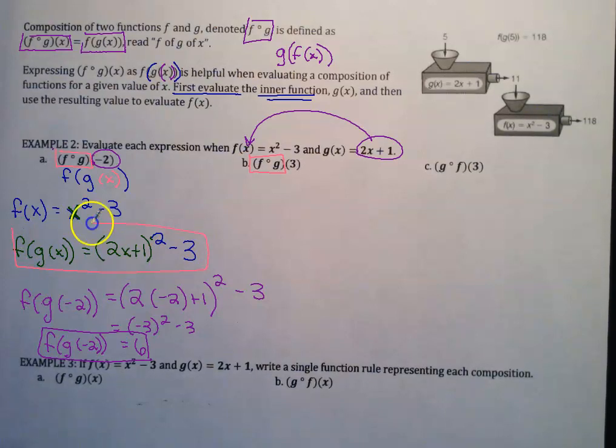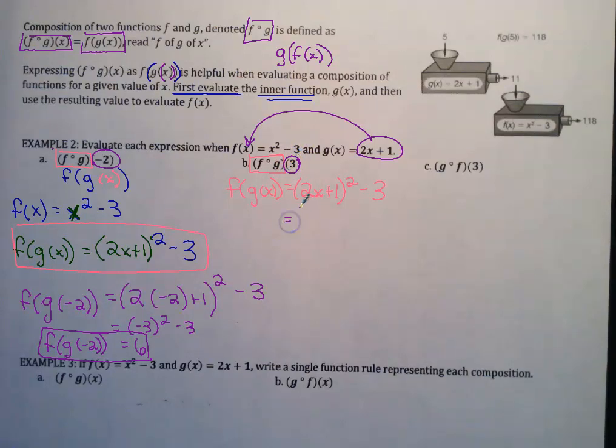It's the same formula, we can just transfer it over. We're going to be using f of g of x equals the quantity 2x plus 1 squared minus 3. The only thing that changes this time is that we have the 3.